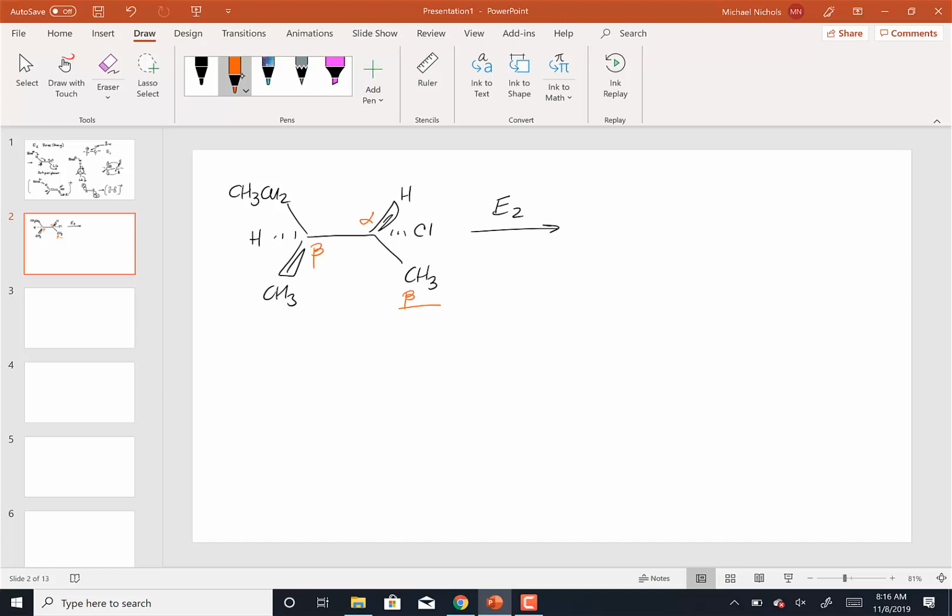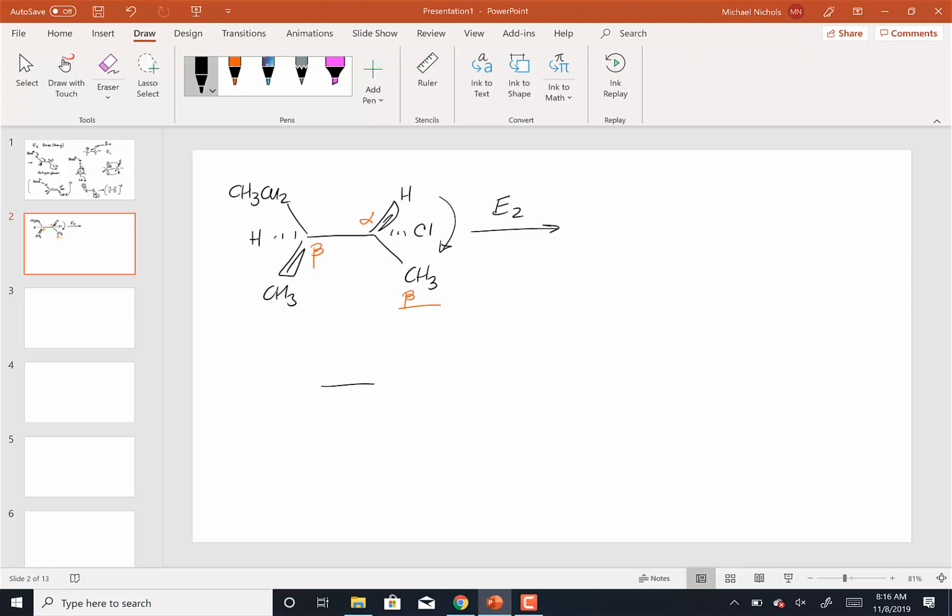And for that beta carbon, let's rewrite the structure like this. Let's take and rotate the right carbon, and I need to put the chlorine down here on this regular in-plane bond. And then I'm going to have to put this beta hydrogen over here in order to get the proper stereochemistry.